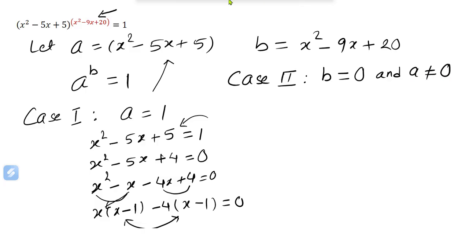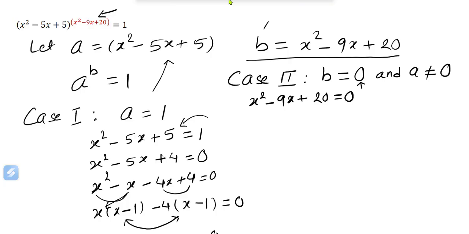So in this case, it simply means this equation, the value of b will be 0. It is now x squared minus 9x plus 20 is equal to 0. We assume b is 0.